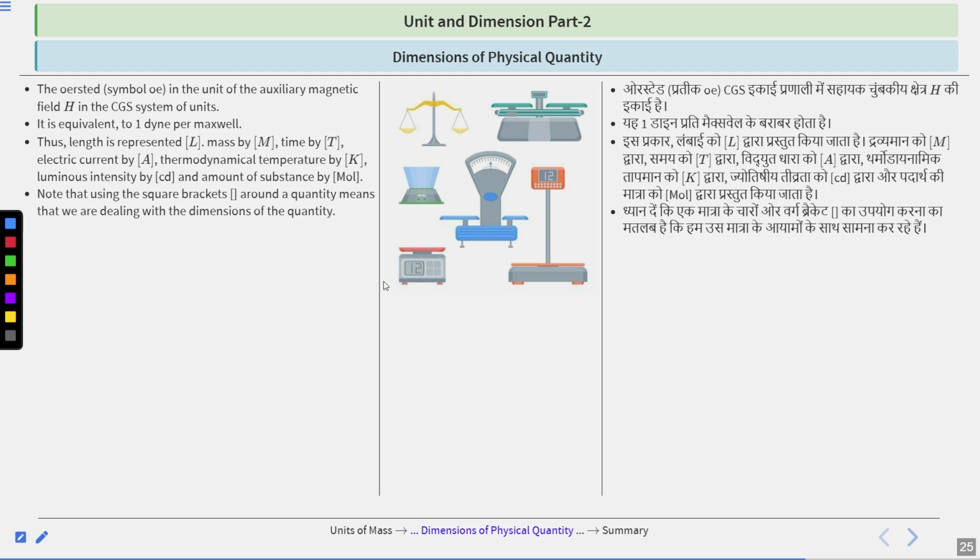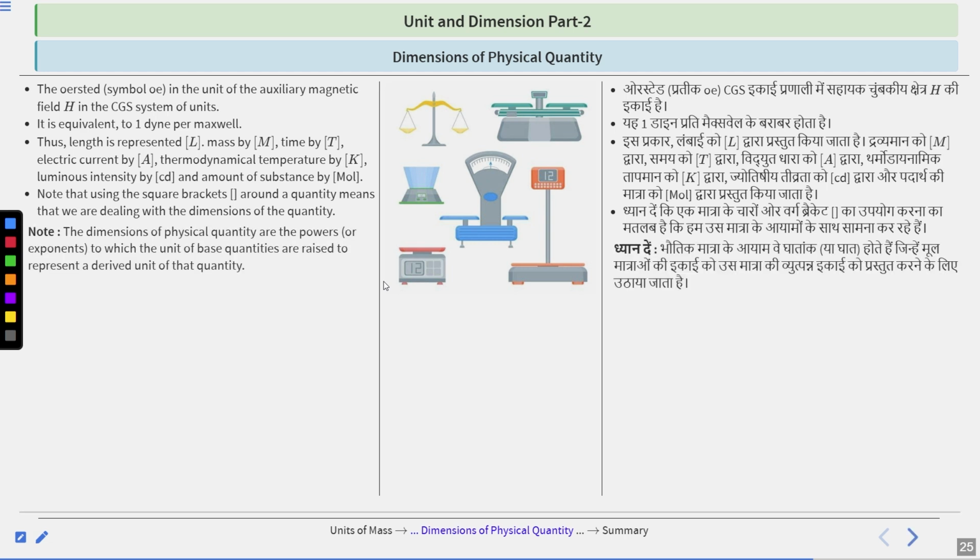Note that using the square brackets around a quantity means that we are dealing with the dimensions of the quantity. There is another note also. The dimensions of a physical quantity are the powers or exponents to which the units of base quantities are raised to represent the derived unit of that quantity.